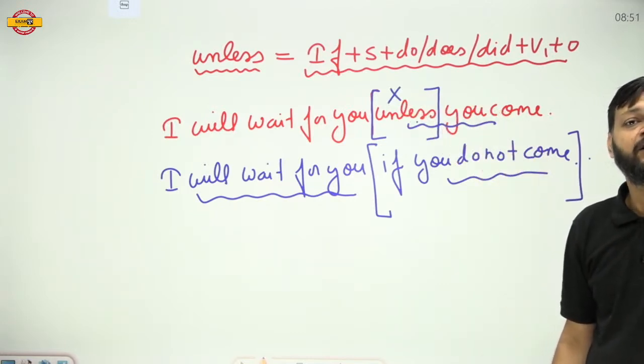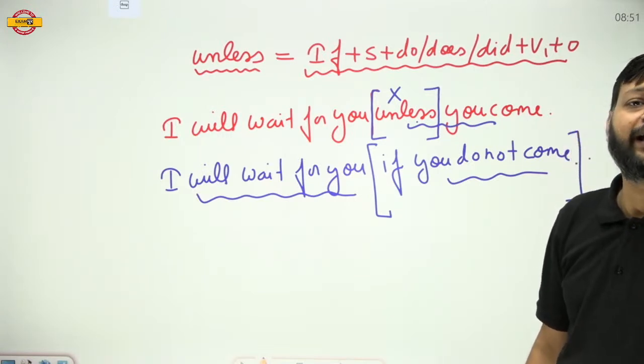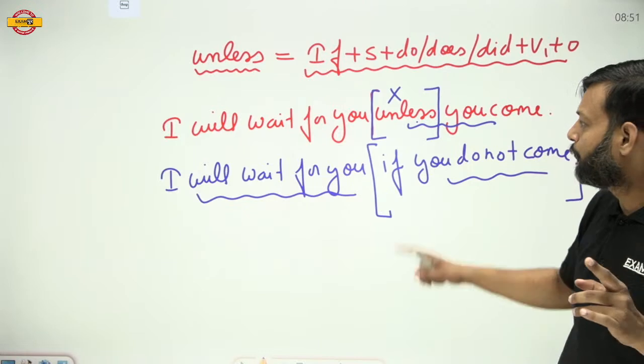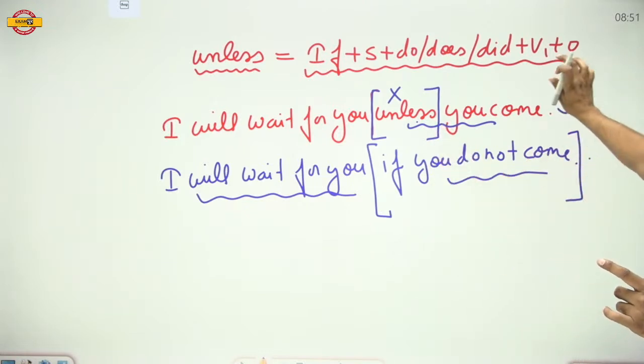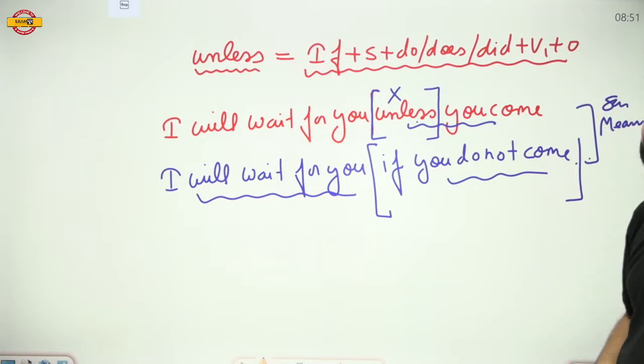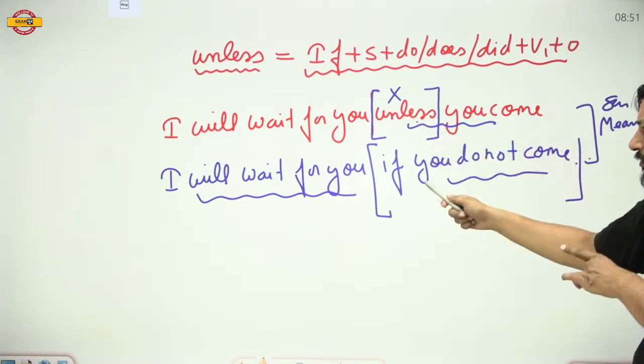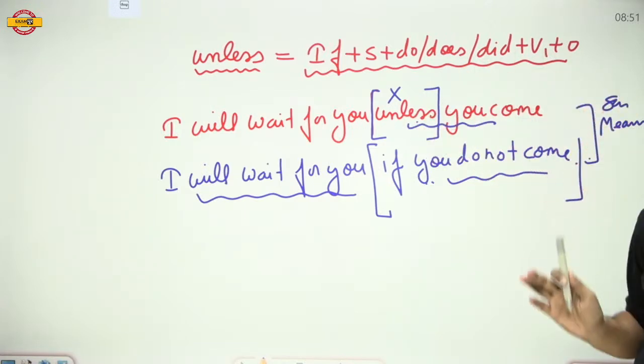Unless is correct only if it can be changed into a negative if clause, so that both the sentences have the same meaning. What I have done is just change the word unless into an if clause. If this sentence is correct, the use of unless is correct.